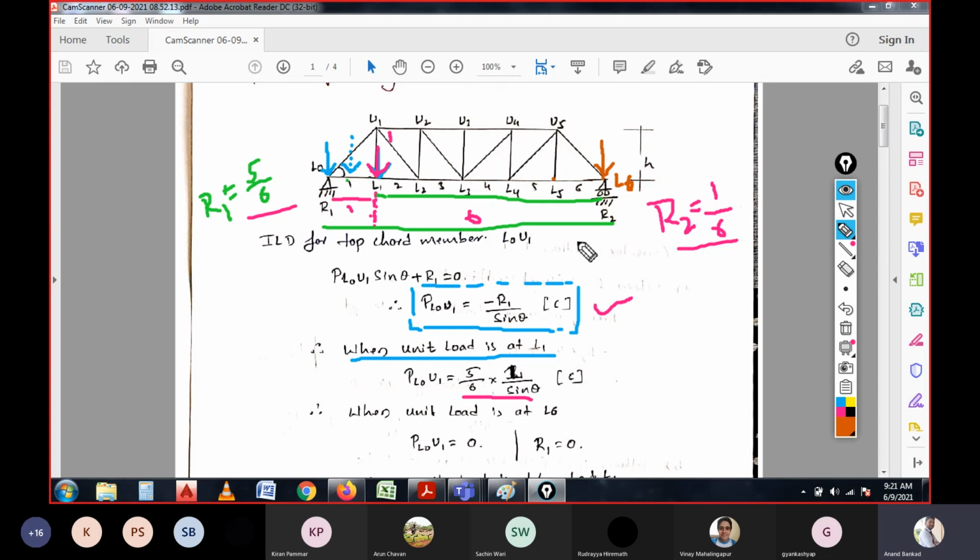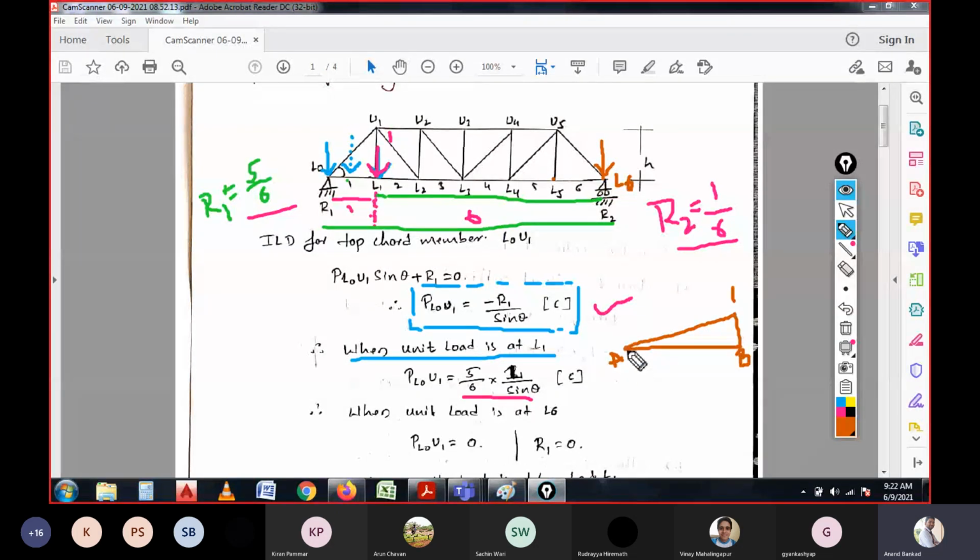Here we have the reaction forces for the members. This is support A and this is support B. When the load is at support B, the reaction varies uniformly to A, and the value at A is 0.